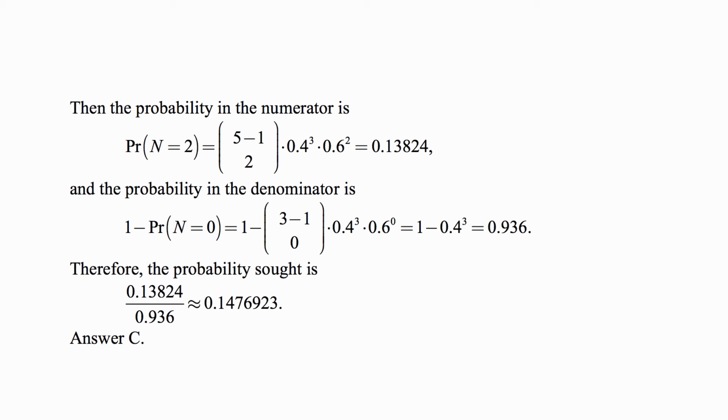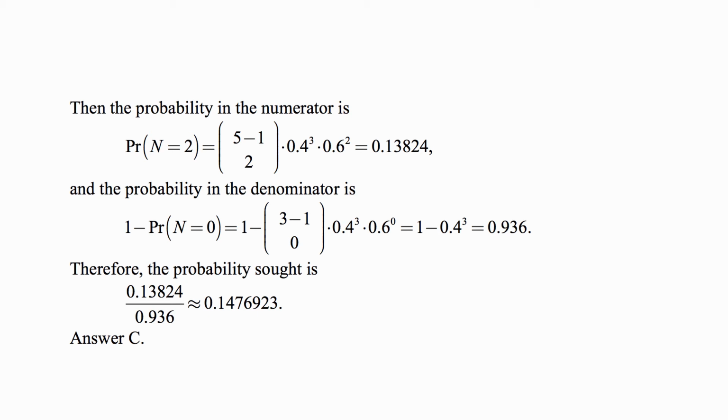For a negative binomial distribution, that's 5 minus 1 choose 2, so really 4 choose 2, times 0.4 cubed, because 3 successes, times 0.6 squared, because the number of failures until the third success is 2. The total number of trials is 5.